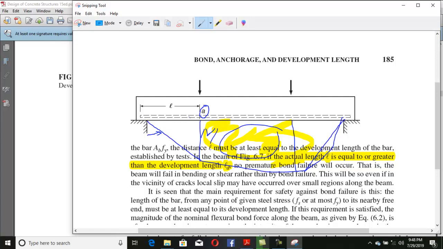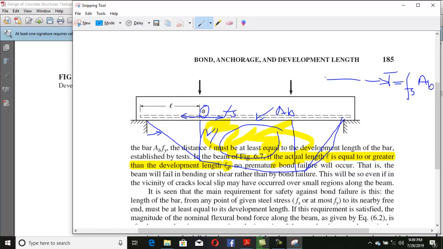For example, consider the tension force which is developed at this point in both directions. Let's say the stress in the steel is Fs, and the bar area is As. So the total tension which is developed in this bar will be P equals Fs into the area of the bar.